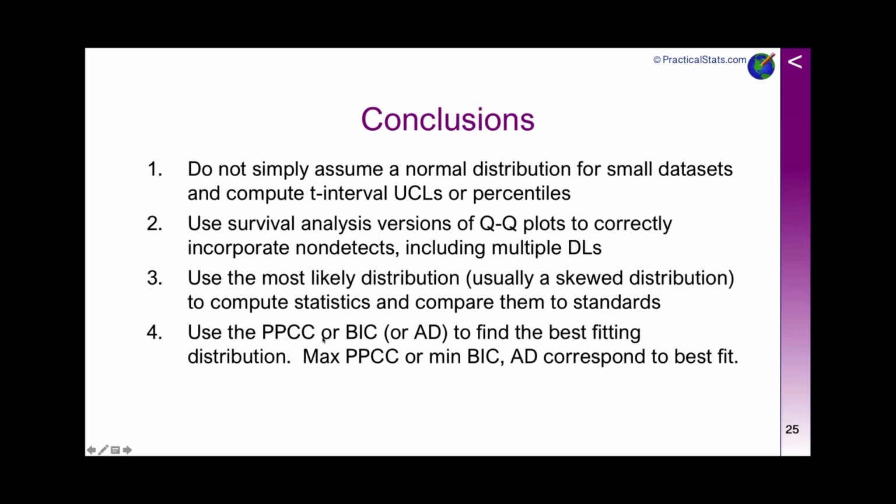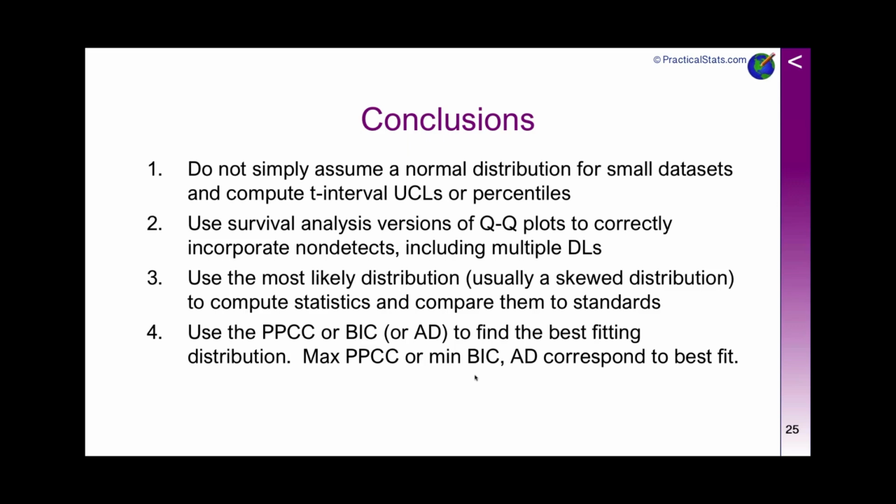Minitab certainly has PPCC and the Anderson-Darling. I bet that you could get the BIC out of it, or at least the components that make up BIC. In R, all of these are possible to print out. So you'd pick the maximum PPCC or the minimum BIC and the minimum Anderson-Darling AD numerics.